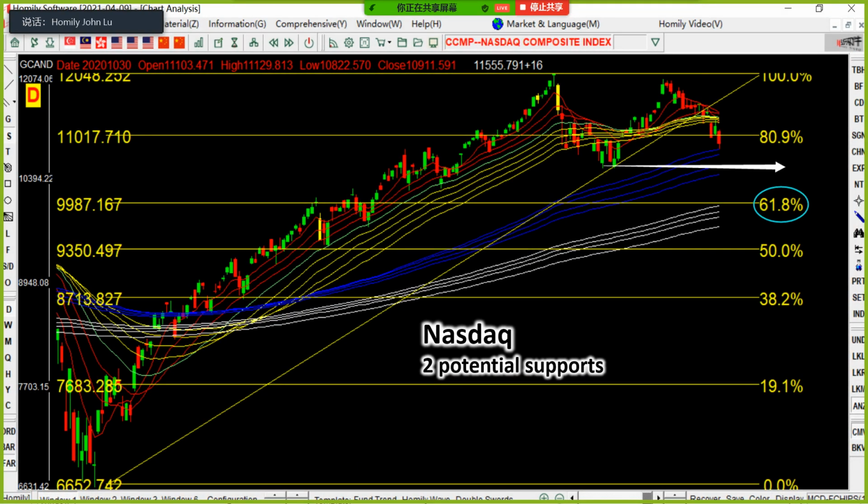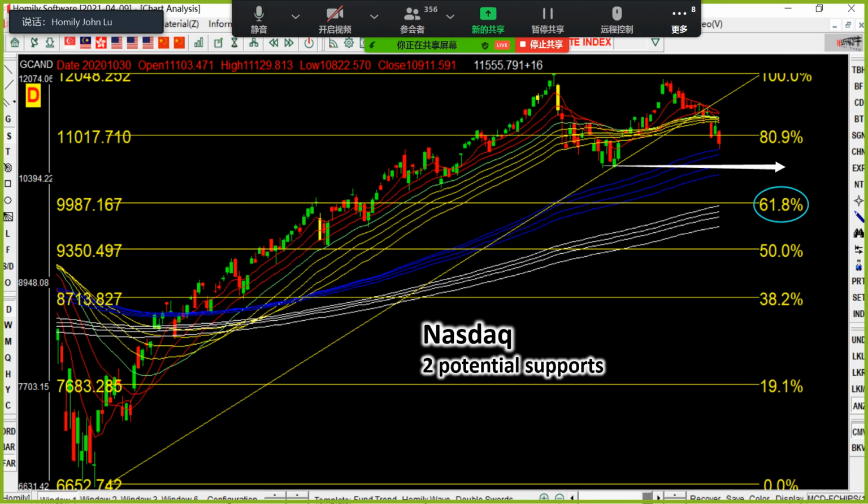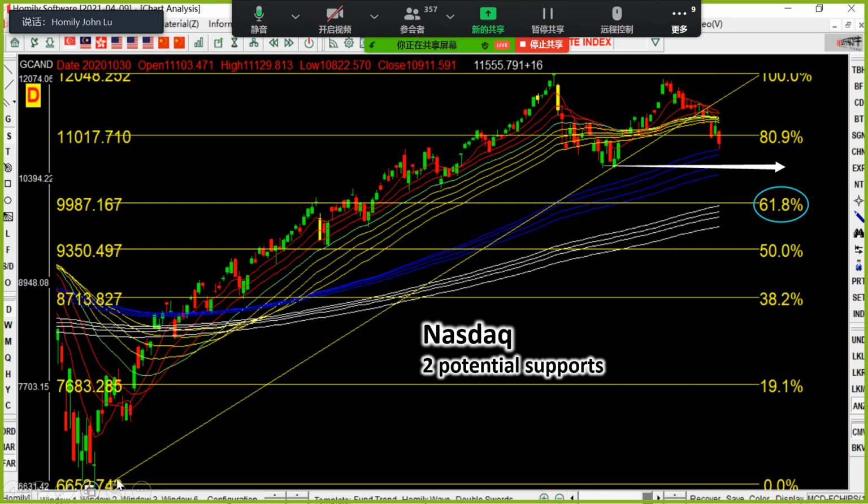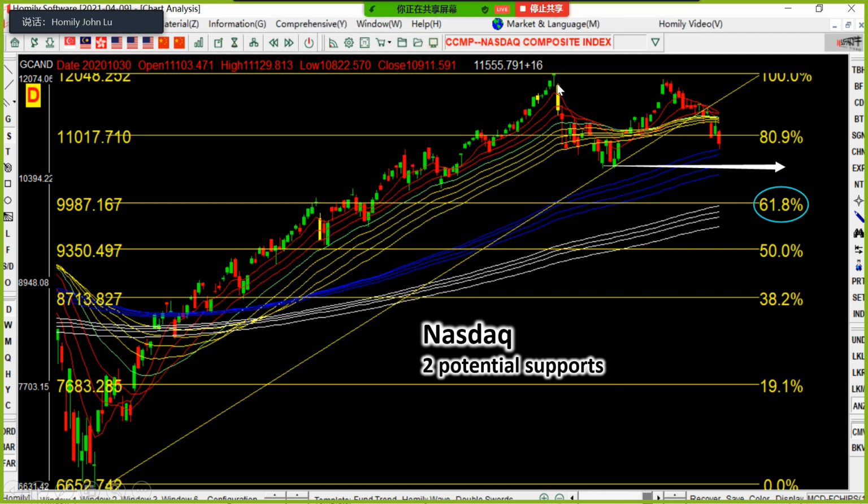Okay, now let us have a look at the latest chart. For the Nasdaq, I find the Fibonacci retracement, if I choose the low around late March and until now the high around 12,000. I find the Nasdaq's next important level is around 61.8%.